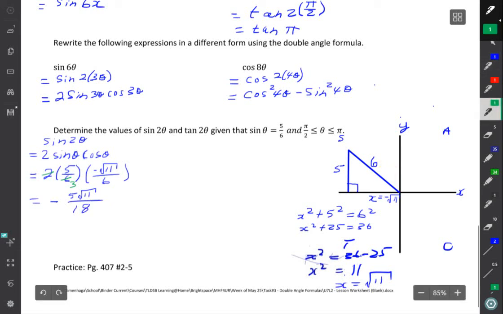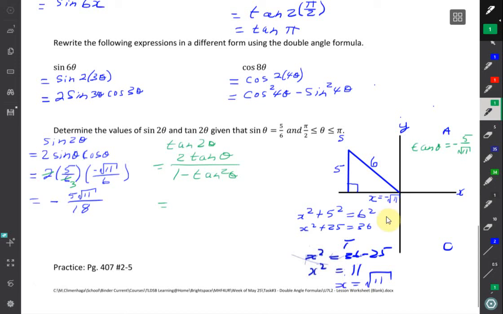Coming over to tan 2 theta, we can do something similar. Tan 2 theta, recall, is equal to 2 tan theta all over 1 minus tan theta squared. Looking at our diagram, tan theta is equal to the opposite over the adjacent, which is 5 over negative root 11, or negative 5 over root 11. I won't rationalize this yet. I'll do that at the end of my question.